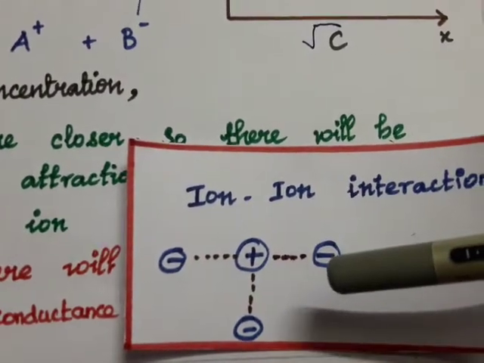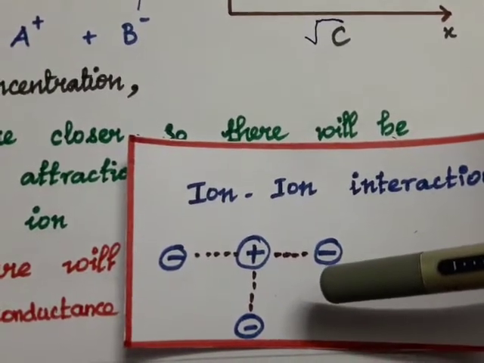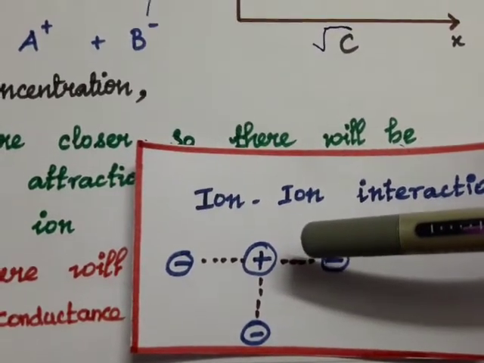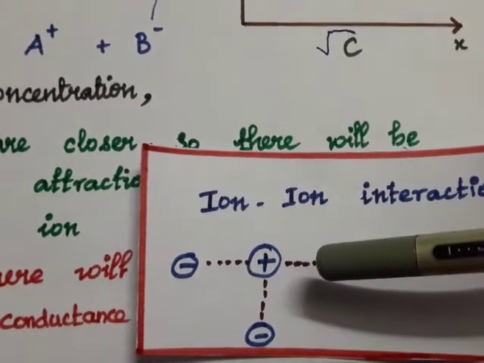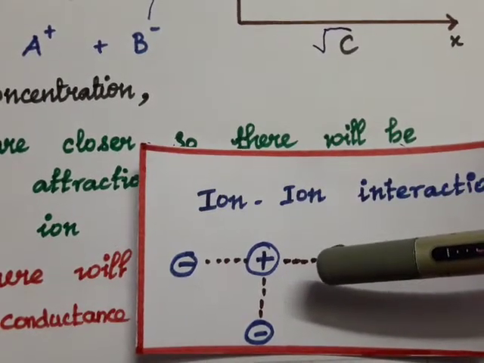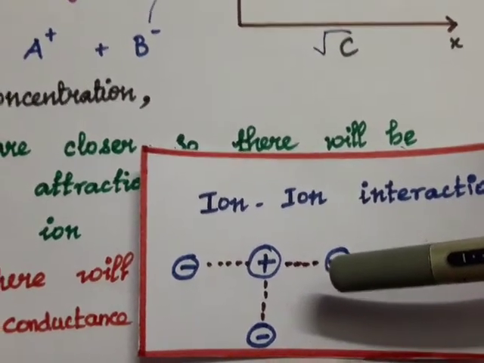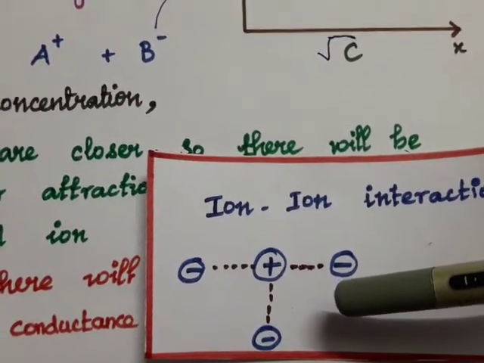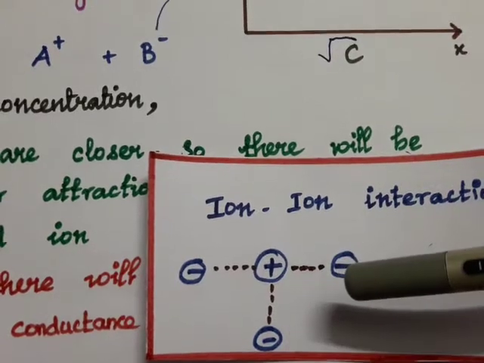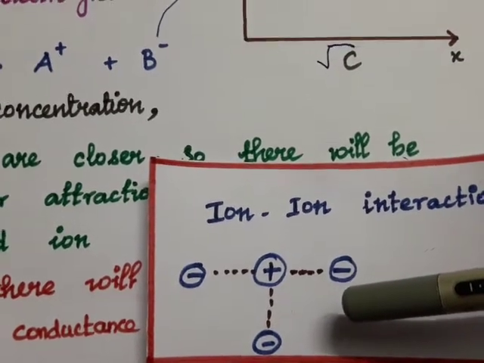So if they are attracted, what will happen? The ions cannot move from their place. You know very well, conductance is nothing but the movement of ions, which is also independent movement. So the positive ion and negative ion should not depend on each other.